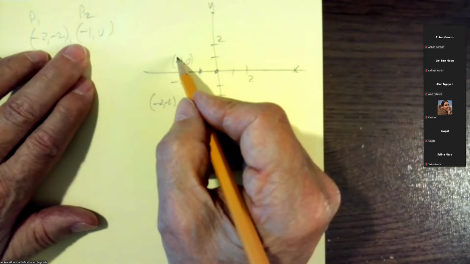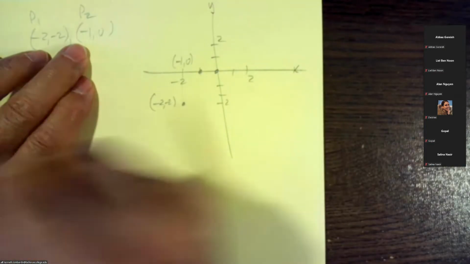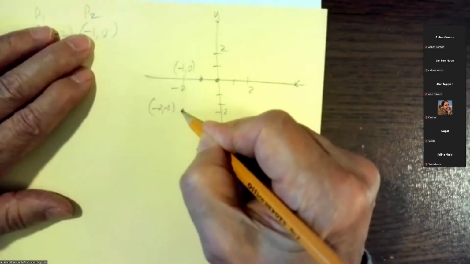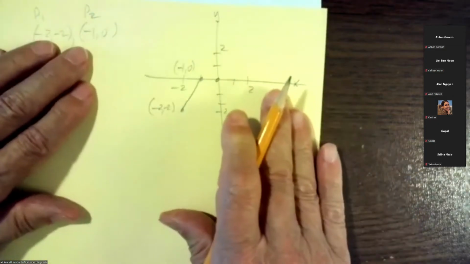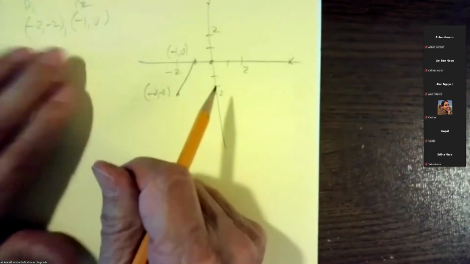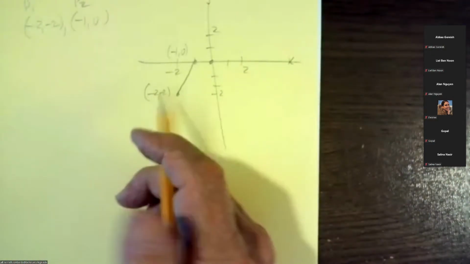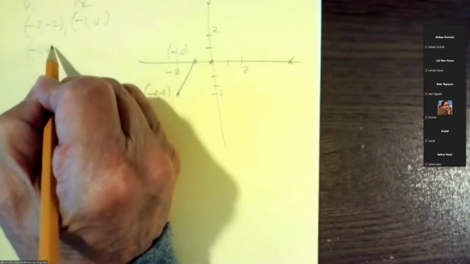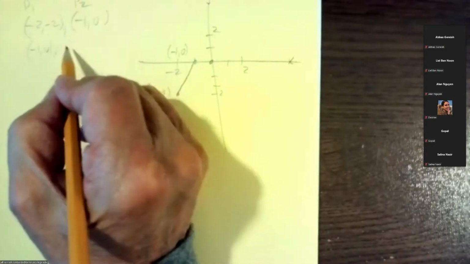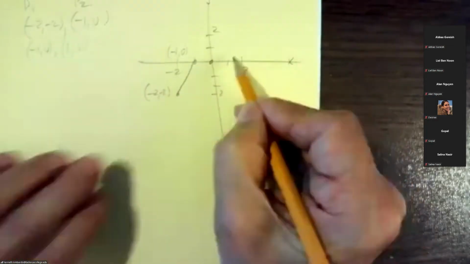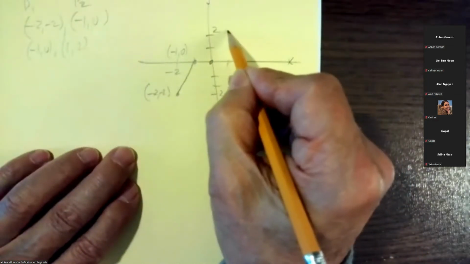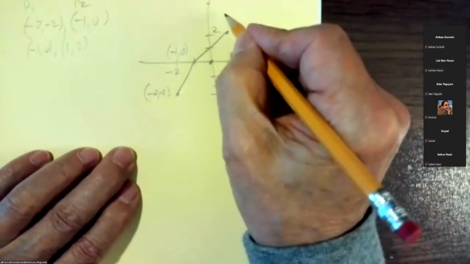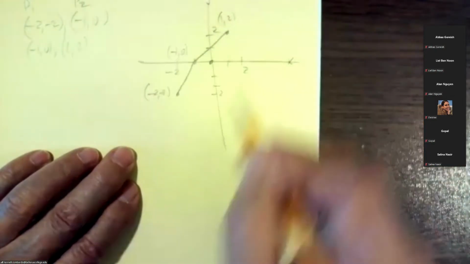Okay. And then let's say I have another line segment that goes from (-1, 0) to (1, 2). So over 1, up 2. So maybe it goes to here. That's 1 and 2.